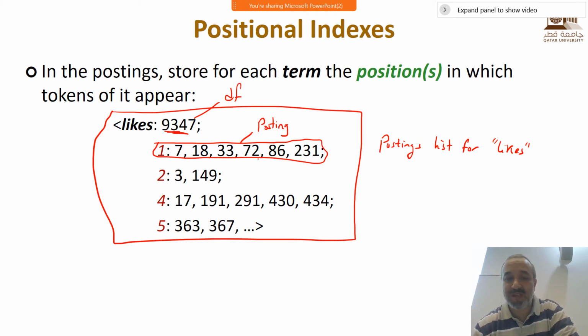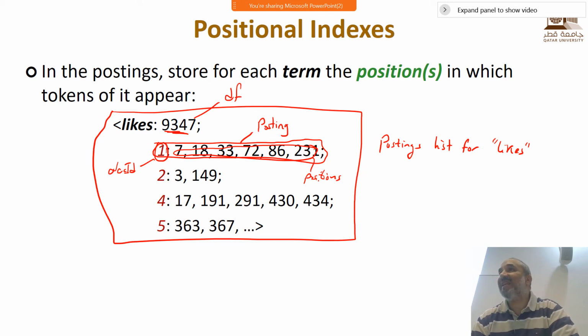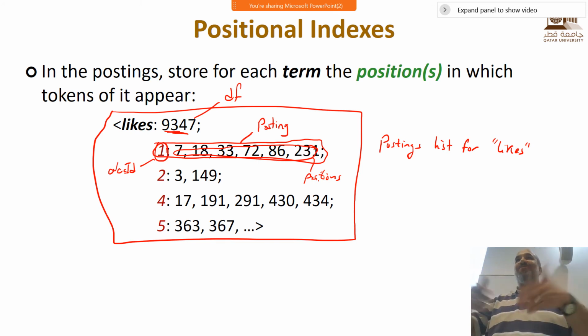It's just one posting. The first number here is the document ID, and the rest of the numbers, because you have a colon here, right? The rest of the numbers are the positions. Is it clear now? So inside each posting, there are, at least for now, 2 things. Later you will see that we can add more things. We have the document ID and we have the list of positions.